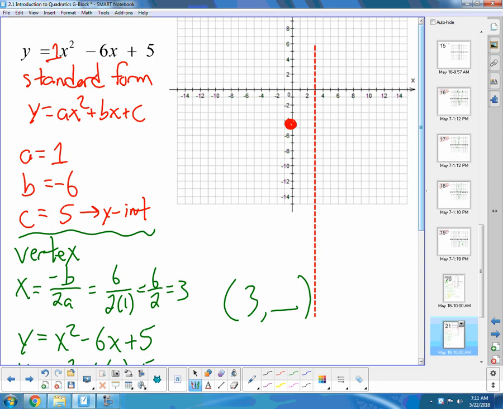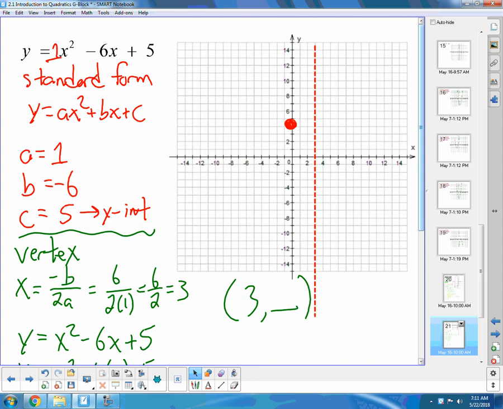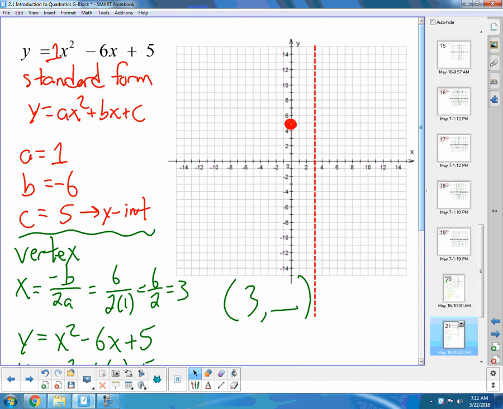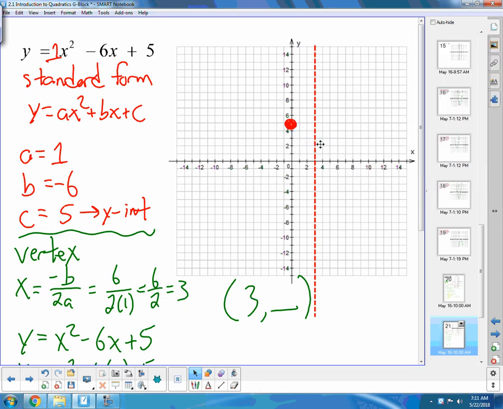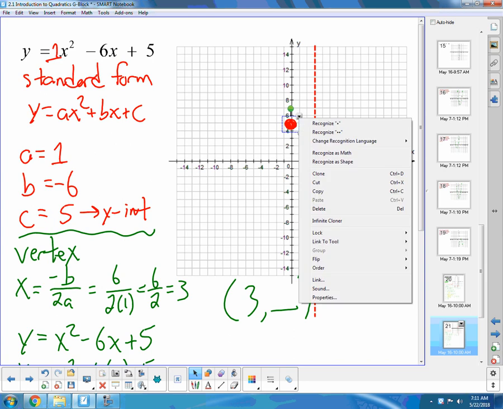My graph seems to have slid out of place. That seems better. Maybe I'll lock that in place so I don't have to worry about that. There we go. To my vertex, 3, -4. Then I need a third point at least.